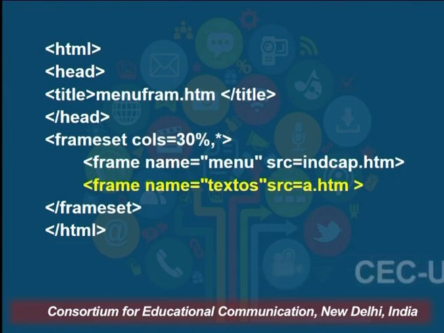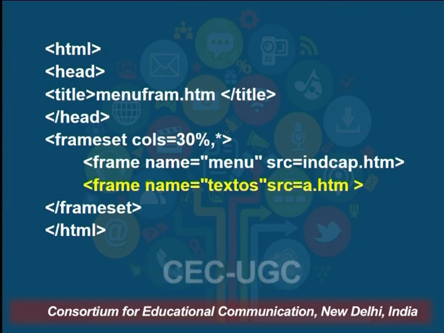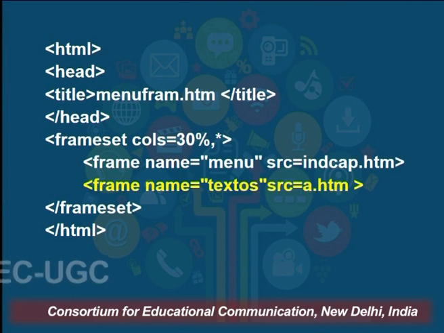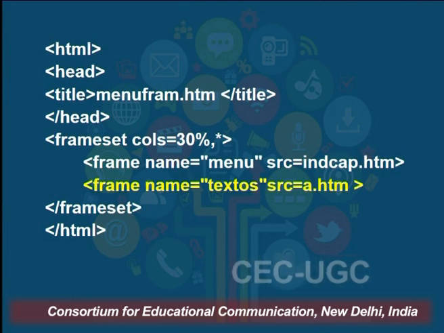Likewise we will create another frame also. So this is the frameset that we have created. We have 2 columns here, and the first column has a menu, and the second column, or the second frame, is called the textos frame, and it has 1 file.